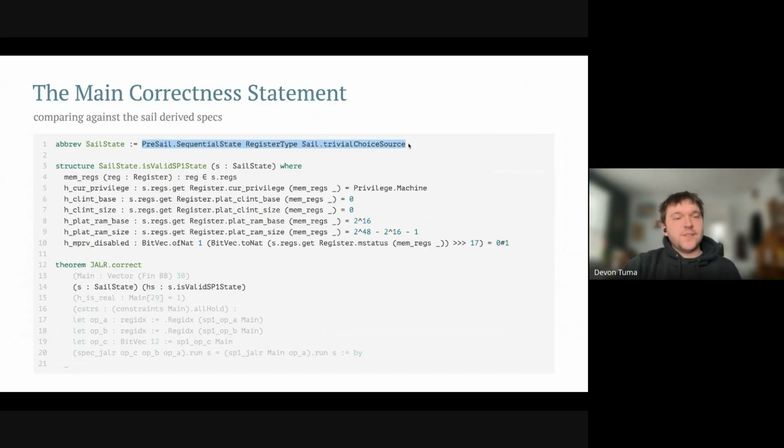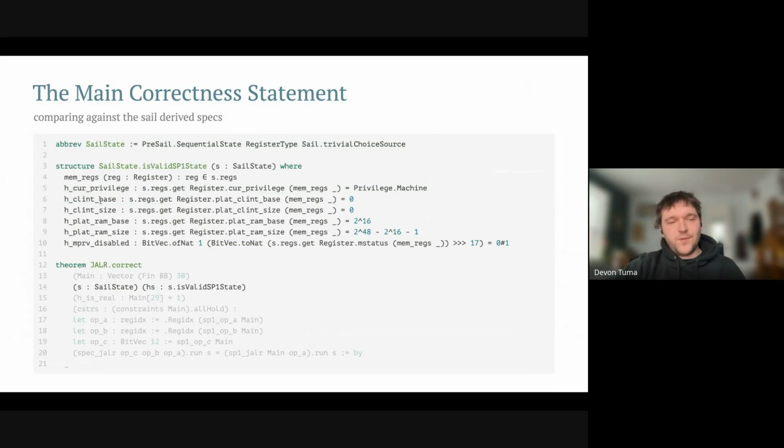And we need to assume for SP1 a few random things globally, like there's a register that tells you what your privilege is, and that should be set to machine. RAM in SP1 is indexed from 2 to the 16 to 2 to the 48, for example. There's also this Sail-based thing.